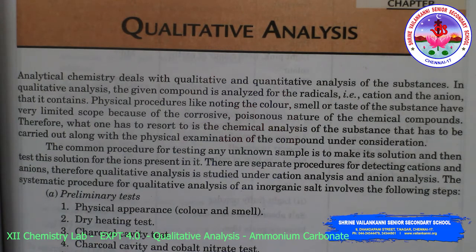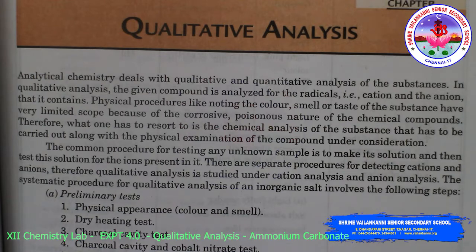Example, calcium ion. In calcium hydroxide, the part of the base is calcium. Similarly, sodium ion is the part of the base sodium hydroxide. In magnesium sulfate, magnesium is the basic radical.